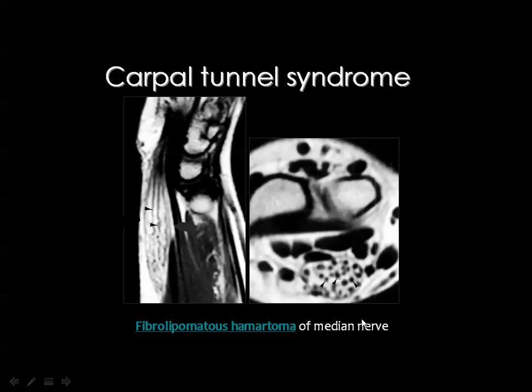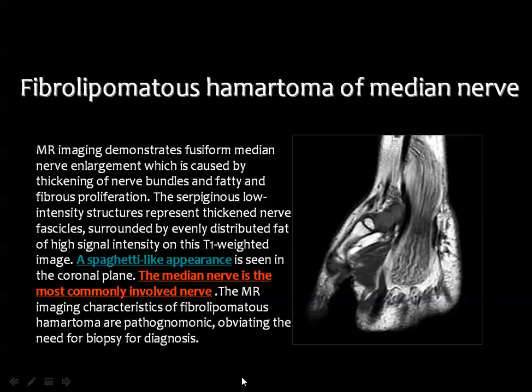And being lipoma, you can see a high signal, and inside this high signal you can see dots or lines of black signal representing the fibers of the nerve. Sometimes they relate this to the appearance of spaghetti. And you see here there are multiple lines representing the fibers of the nerve associated with extensive enlargement due to lipomatous infiltration.